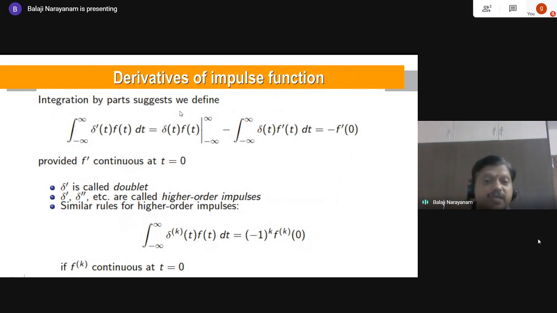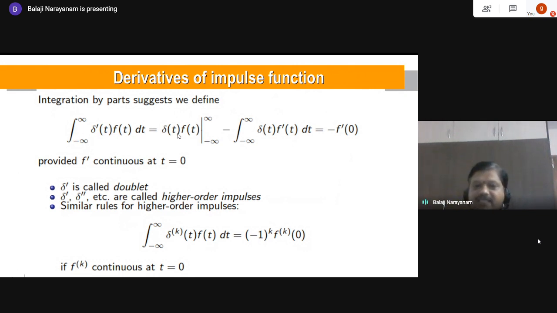So you take the simple example, simple equation here, integral minus infinity to infinity del dash t f of t dt, and now it is of the form, if you remember, integral uv, for which the integral value is u integral v dt minus integral of u dash integral of v dt dt.